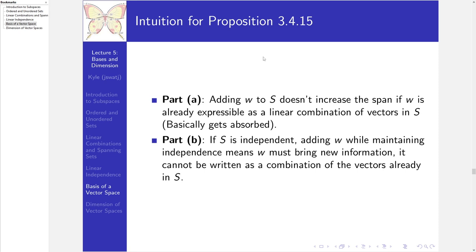I think I gave some intuition behind this. It gets absorbed into the spanning set in part A. And then in part B, it can't be written as a combination that already exists in S.